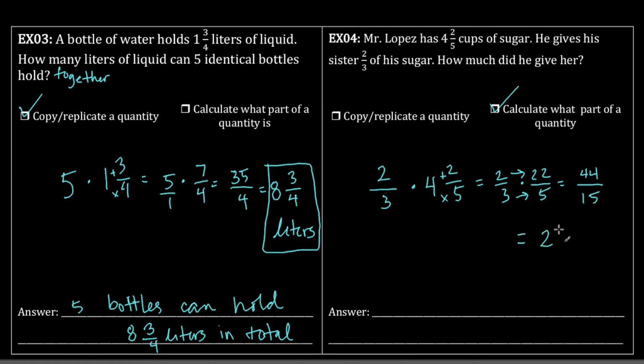That gives me 30. And then there are 14 left over. And we're talking about cups of sugar. So I had 4 2/5 cups of sugar. I gave my sister 2 out of 3 groups that I could make with it. If I broke it up into 3 groups and I grabbed 2 of them, this is how much I would give her.